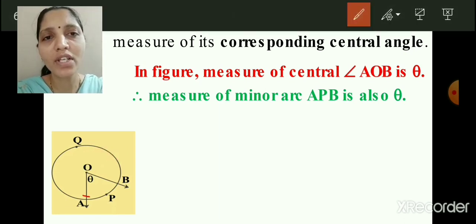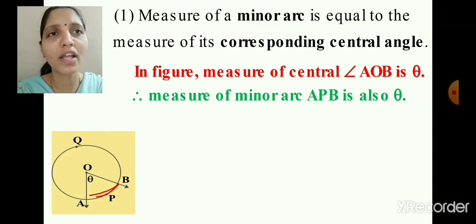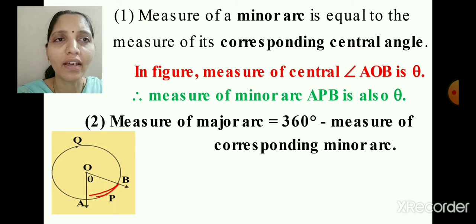This arc is corresponding to this angle. So if AB is the minor arc, then the measure of the minor arc is also theta, because we have just now seen that the measure of a minor arc is equal to the measure of its corresponding central angle.